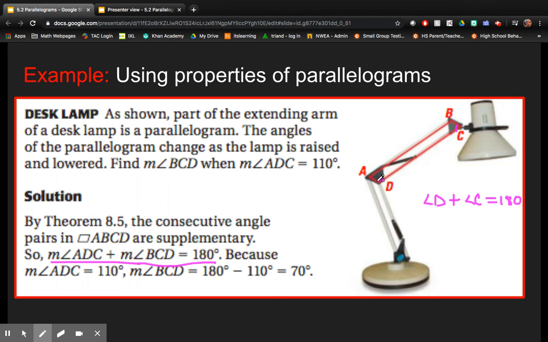ADC, which is that D angle, is 110. We don't know this angle C, so let's put X in for that. That's our unknown. This is why they're subtracting 180. Then you can simply solve for your unknown, which is the measure of angle C, or BCD, by subtracting 110 from both sides of this equation and getting 70.